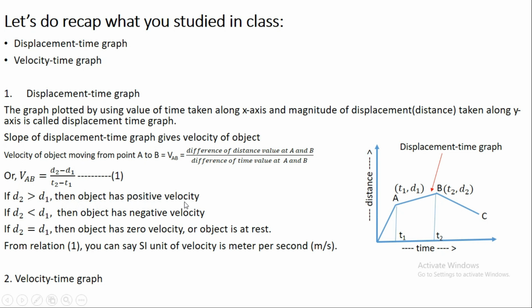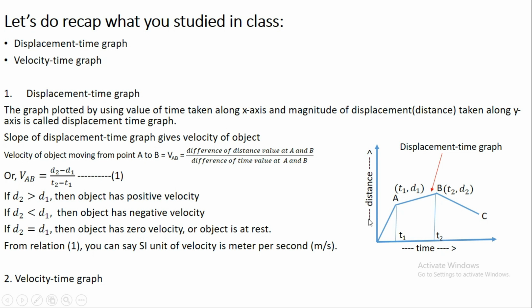But if d2 is less than d1, a smaller number subtracted from a greater number gives a negative value, so the object has negative velocity. However, if d2 is equal to d1, then the object has zero velocity, or the object is at rest.